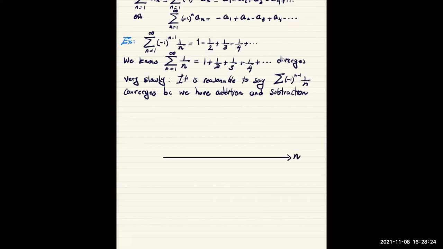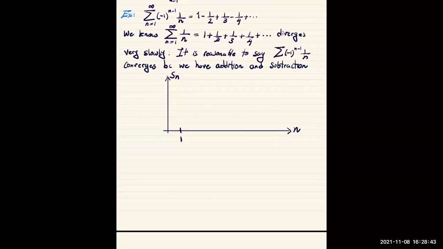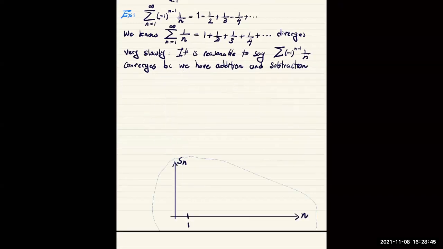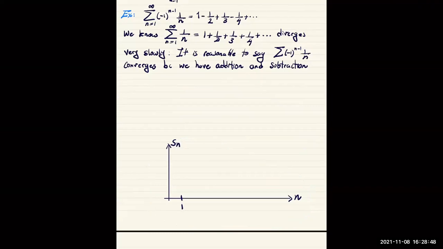This is the n-axis. And again, I am going to plot the partial sums. S sub n is a partial sum. Partial sum is you adding the first n terms. So when n is equal to 1, you get S sub 1, which is basically just 1.